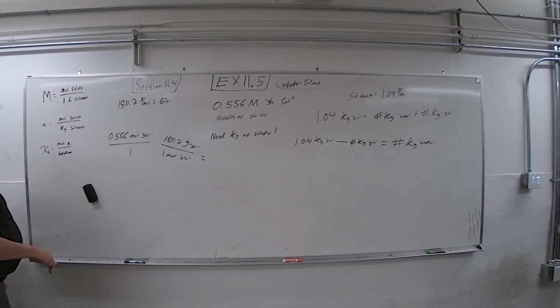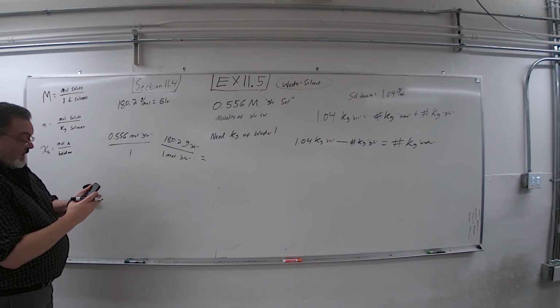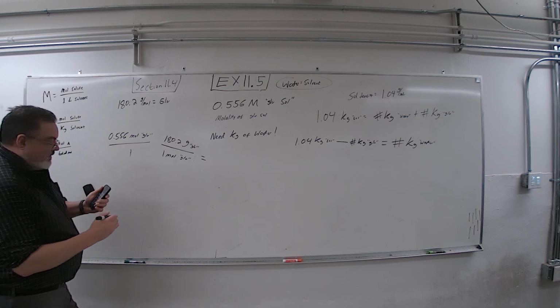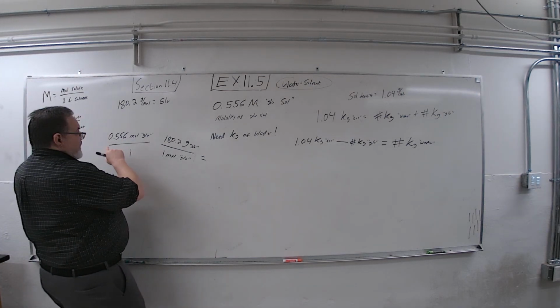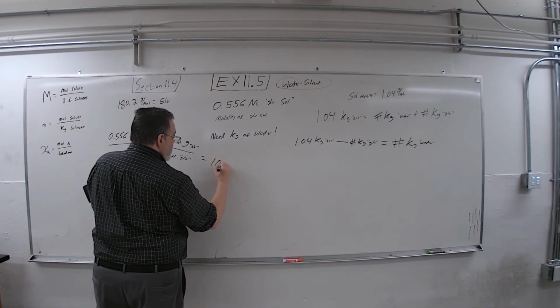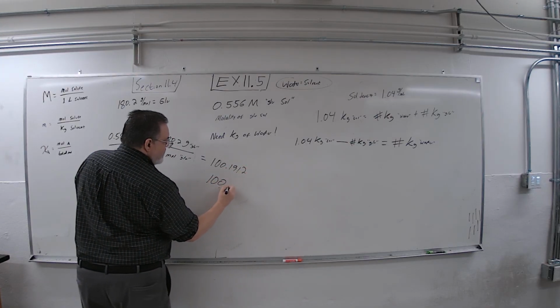So 182 times 0.556. We have 3 significant figures, so I'm going to keep 3 here.